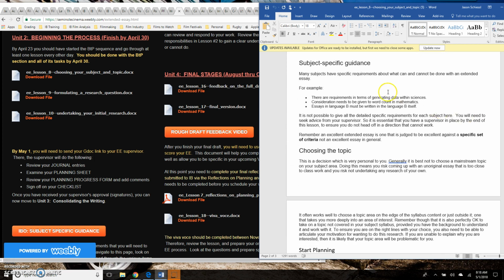Okay. There is subject-specific guidance on the IB website, and there's a button here that takes you directly to the IBO, and it provides guidance that is going to break down information relative to the subject area that you choose.